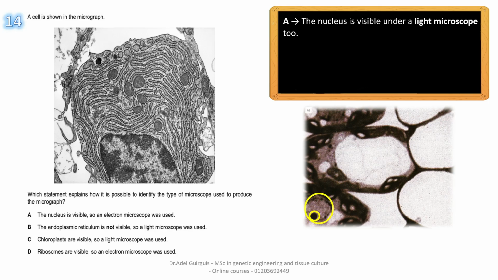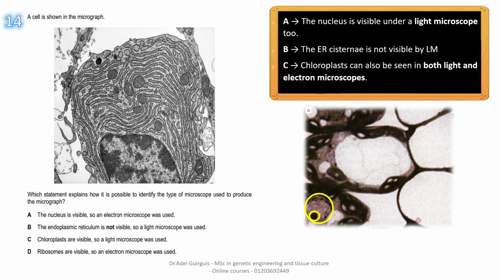So letter A is not the answer. For letter B, the ER cisternae are not visible by LM. Okay, the light microscope cannot visualize rough endoplasmic reticulum. So letter B is wrong.